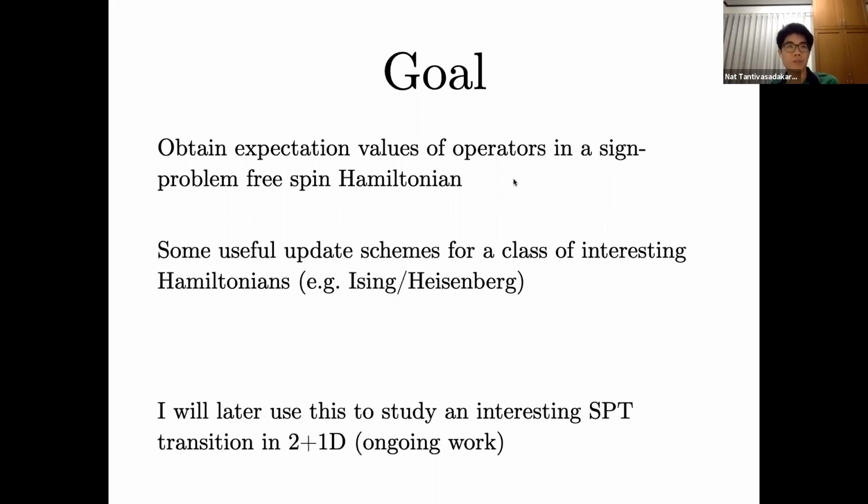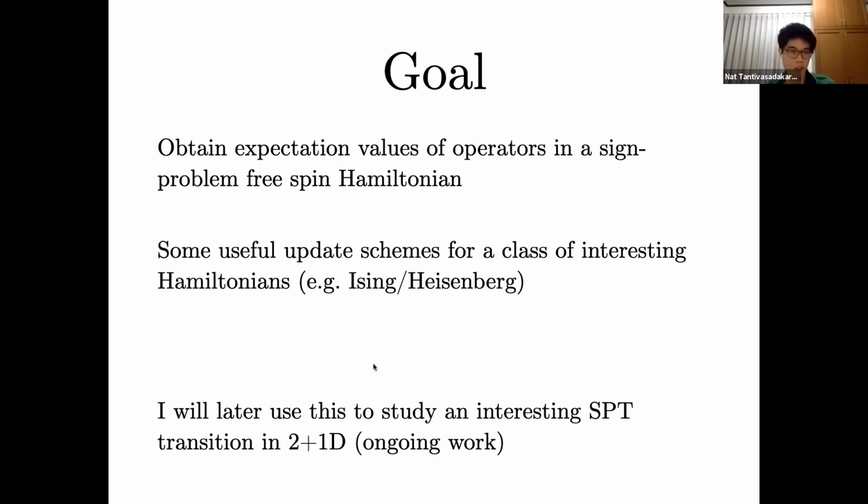And to do that, there are certain quantum Monte Carlo schemes that you can use for a class of Hamiltonians that might be interesting to condensed matter people, which are, for example, the Ising model or Heisenberg. Although these are the most rudimentary ones, the schemes can be generalized to more exotic sign-free problems if you want.